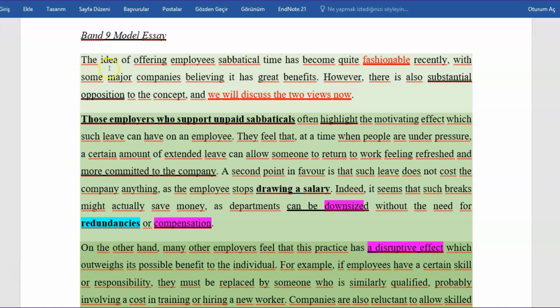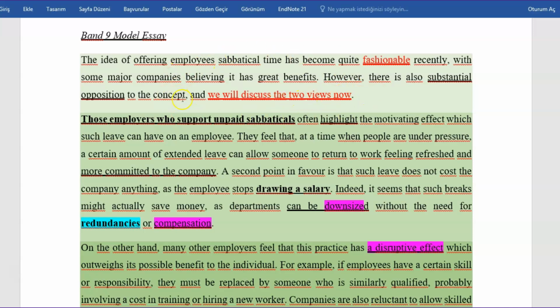The idea of offering, suggesting, recommending employees sabbatical time has become a pretty fashionable idea, with some major companies believing it has great benefits. However, there is also substantial, significant, considerable opposition to this concept, and we will discuss the two views now.